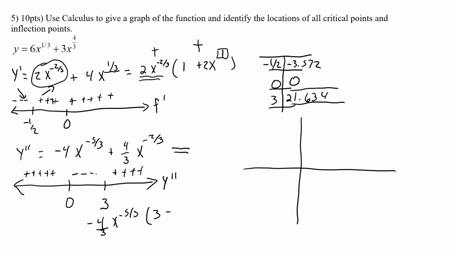Okay. So at negative 1/2, so there's 1, there's 1/2, then there's 1, then there's 2, then there's 3. So at negative 1/2, we're down here at negative 3. To the left of negative 1/2, we're decreasing and concave up.